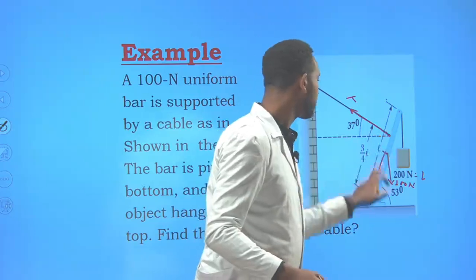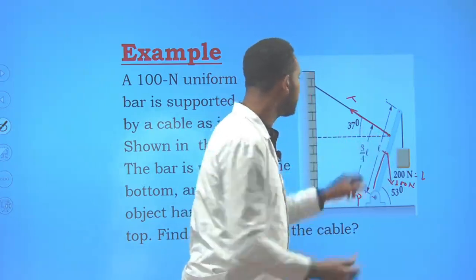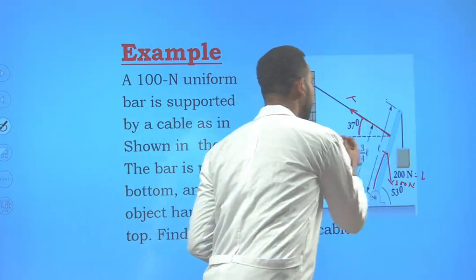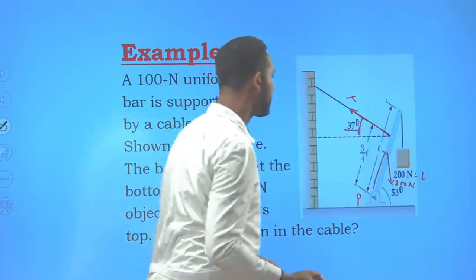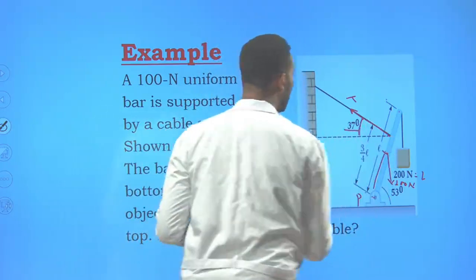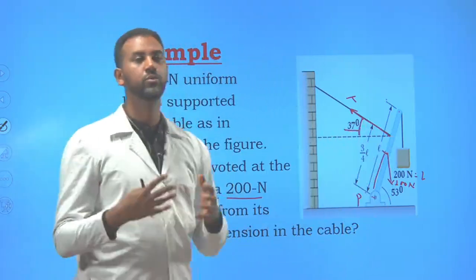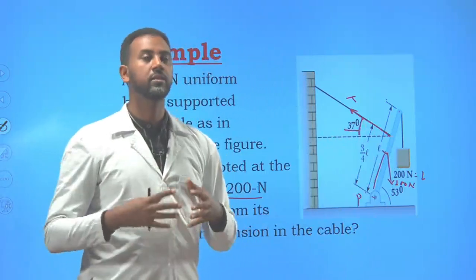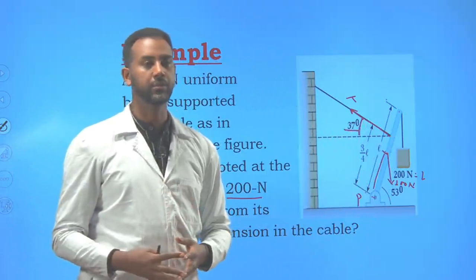And the angle theta is given from horizontal. It is 37 degrees. So how do we apply the conditions of equilibrium?